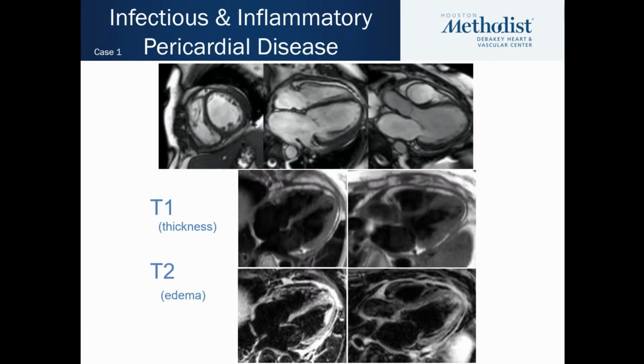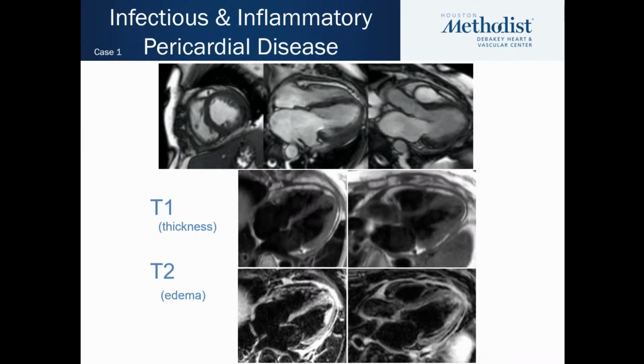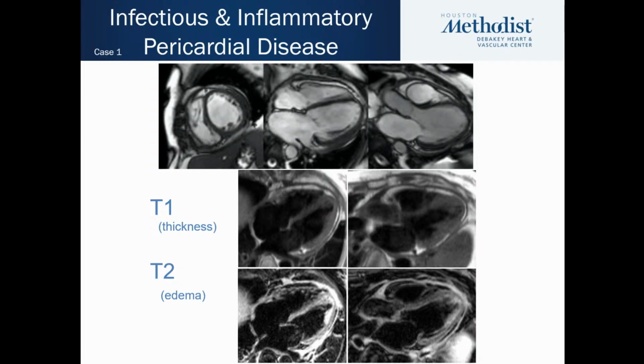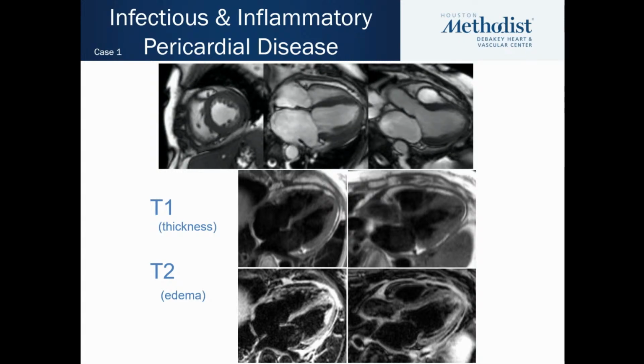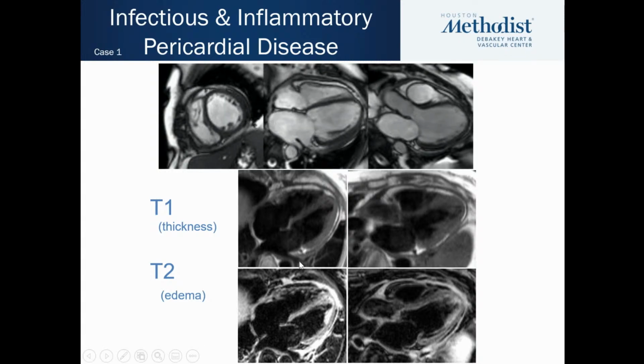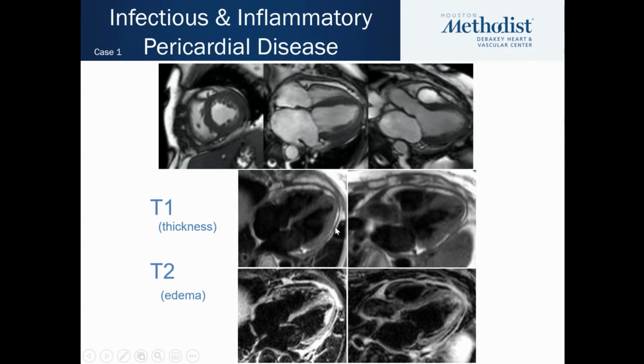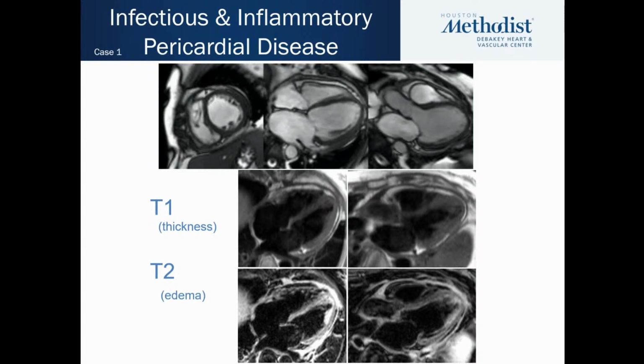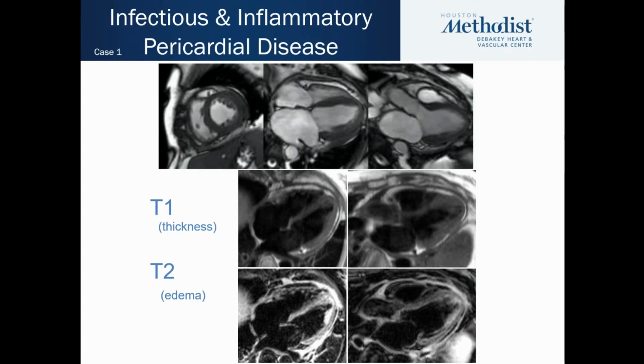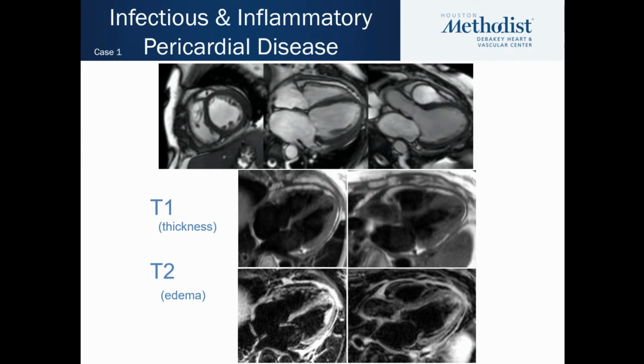We have the ability then, of course, of tissue characterization. If we do our T1 and T2 images that we had spoken about, T1 tells us the morphology of the pericardium. You can see here anteriorly the pericardium is quite thick. In general, this tends to be a structure that's less than 1 to 2 millimeters. It's curvilinear. This, you'll have to take my word for it, is abnormal.